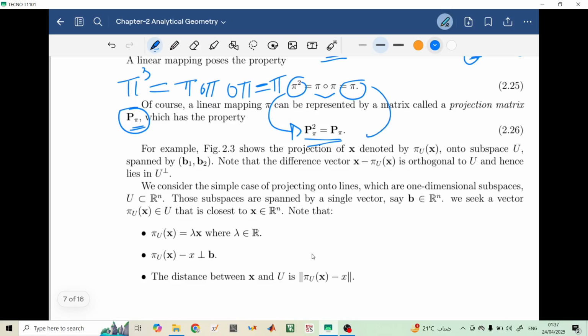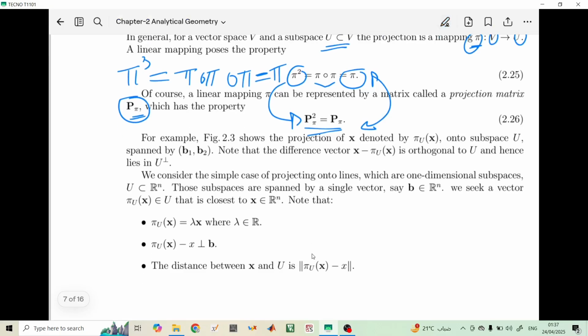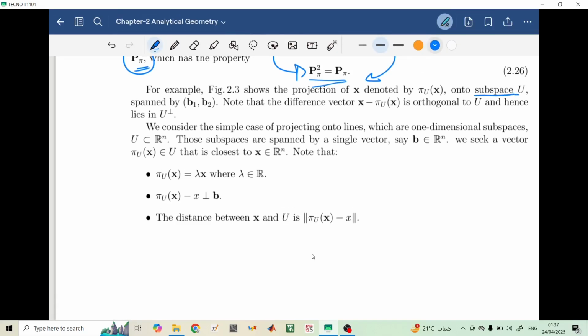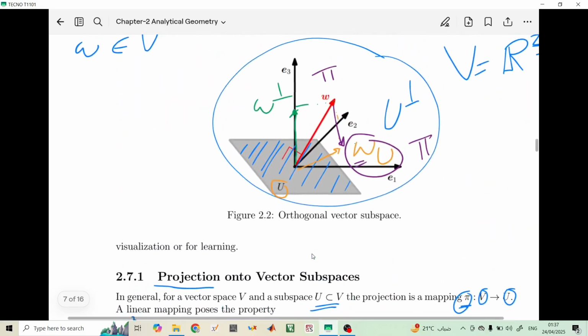So those two are equivalent. Fine. Okay, now let's say that we have a subspace U spanned by B1 and B2 like we have here, right? So actually it is spanned by E1 and E2.